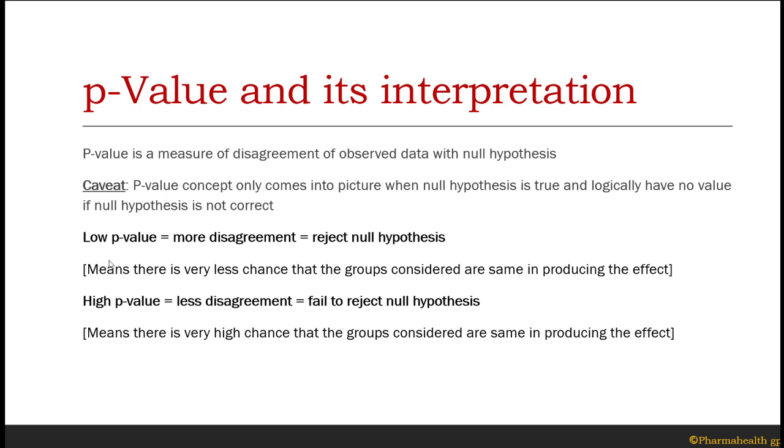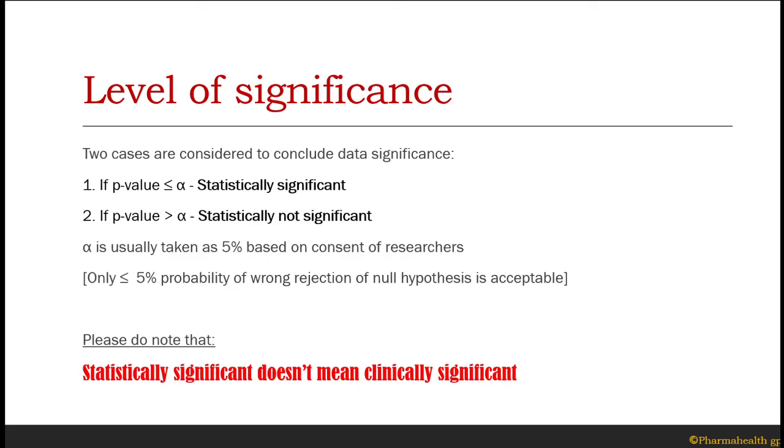Here we are talking about low p-value and high p-value. So what is the threshold? How can we consider which value is low and which value is high? For this we have talked about this precision and this threshold with the researchers.